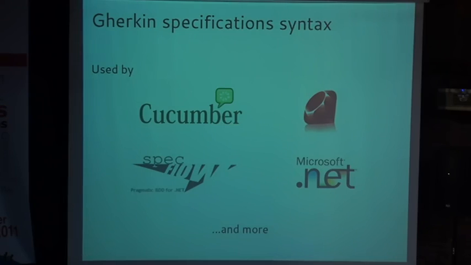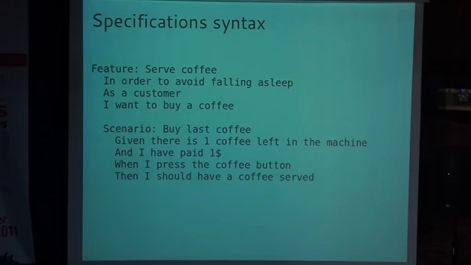And then other implementations appeared for Java, C#, Python, PHP, and more languages. Here we have an example of a specification written using Gherkin. As you can see, it's very easy to read and understand. It's almost plain text. Gherkin has only a few keywords. And the structure of this specification is the following.